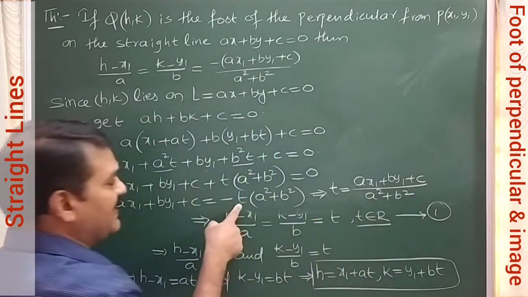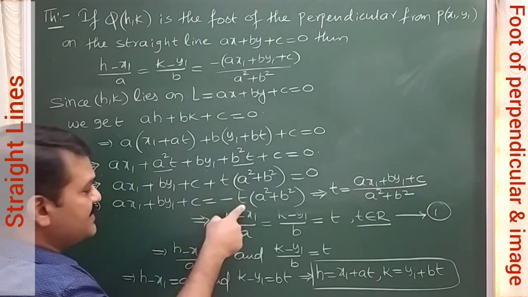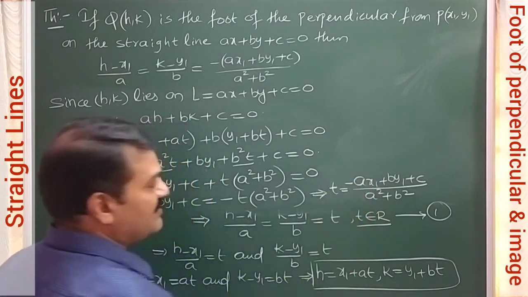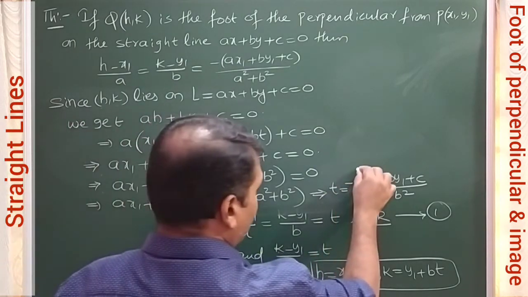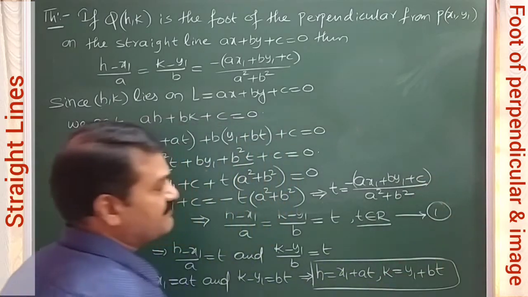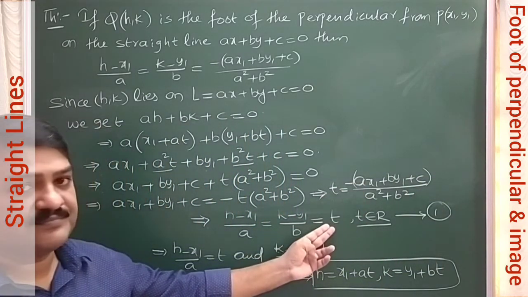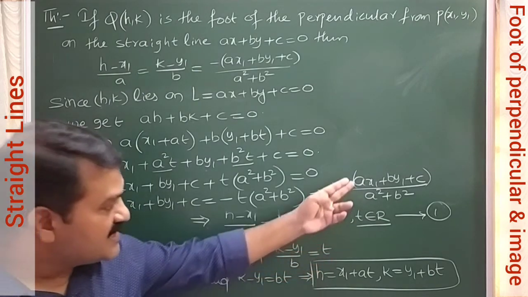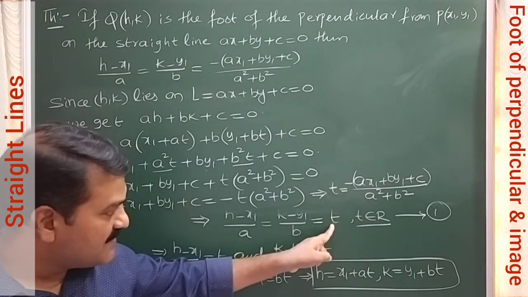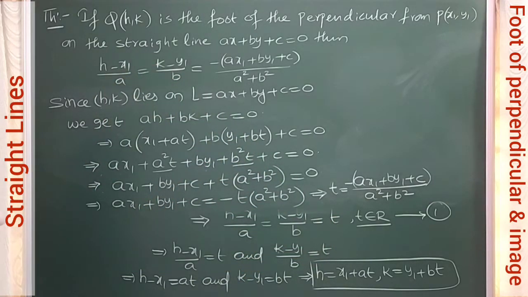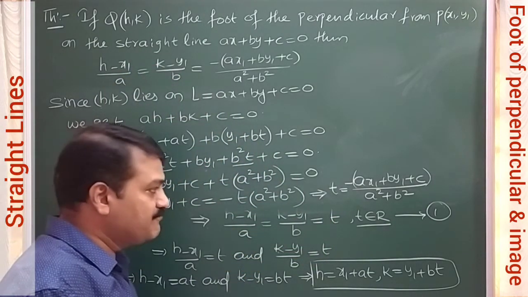This is minus t value actually. Minus t means we will get like this. So t means I will just put minus. Okay, so this is the value of t. And that t I can substitute here. When we substitute this value, that is what we have to prove. So our proof is completed.